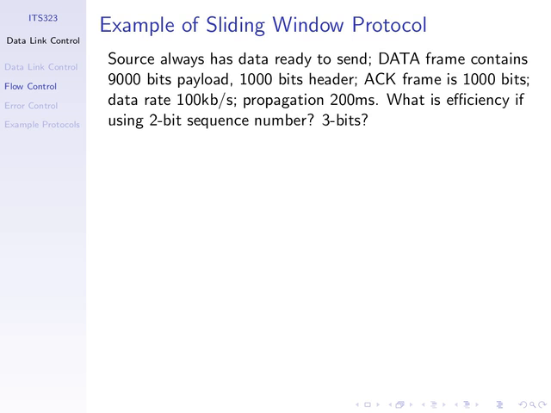And in the question we state the propagation is 200 milliseconds. So the numbers you have in the handout don't use any units, but use the same values. The propagation is 200, data transmission 100, and ACK transmission is 10.